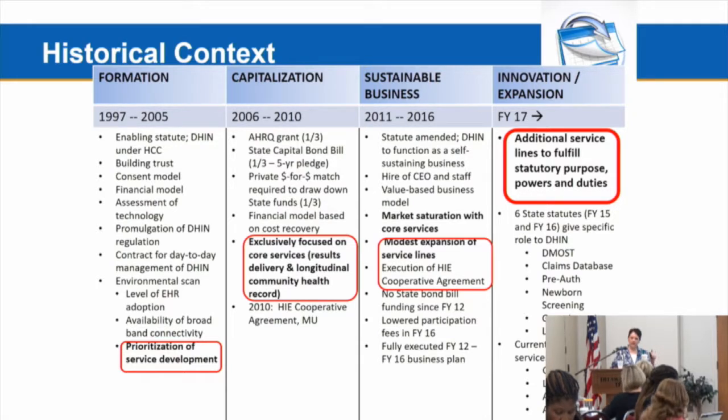And the caveat was we could not draw down money from the state until we had acquired dollar-for-dollar matching from private sources. So the intent all along was, this is a public-private partnership. There has to be a commitment on the private side to pony up the money that'll make this work.